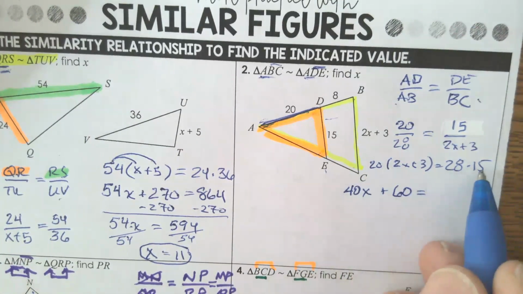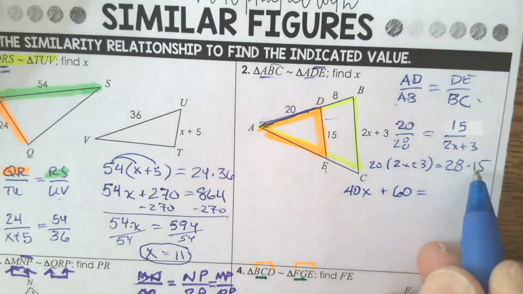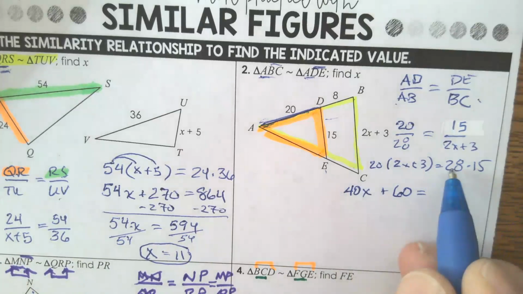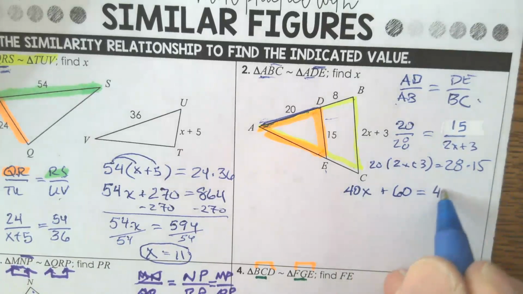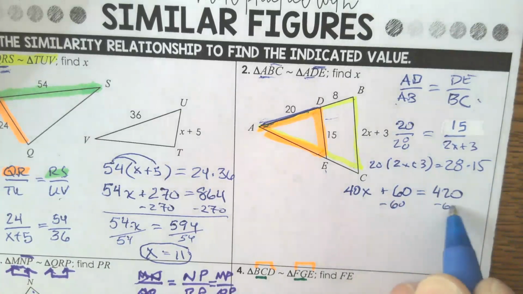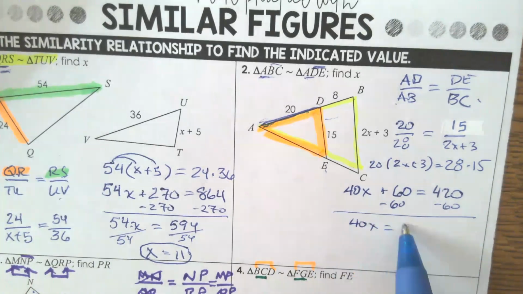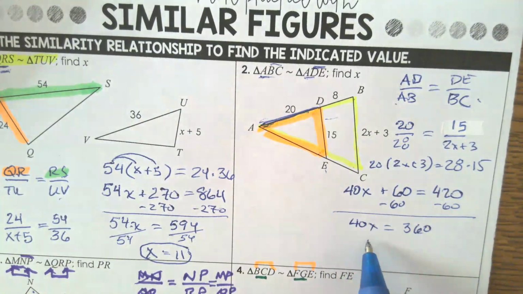What is this? 28 times 15 is 420: 20 times 15 is 300, 8 times 15 is 30, 60, 120, so 300 and 120 is 420. Minus 60, minus 60. 40x equals 360. 360 divided by 40, right. X equals 9.